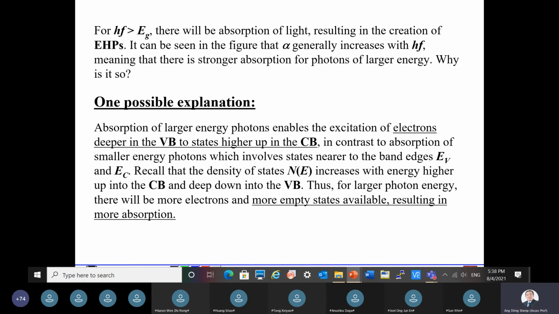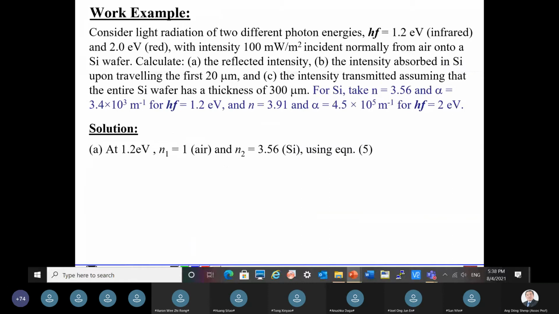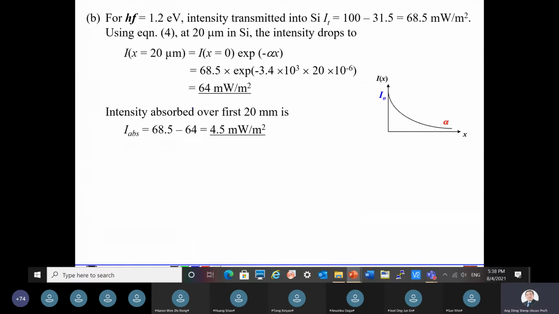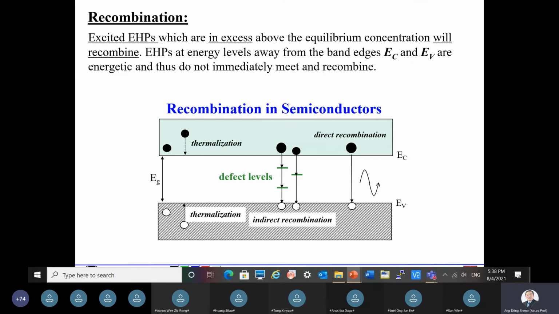So the next discussion will be on recombination, something which you already know, but there are additional things that we want to cover. So what is recombination? Recombination describes the situation where an electron situated in the conduction band falls back and occupies an empty energy state, or hole, in the valence band.